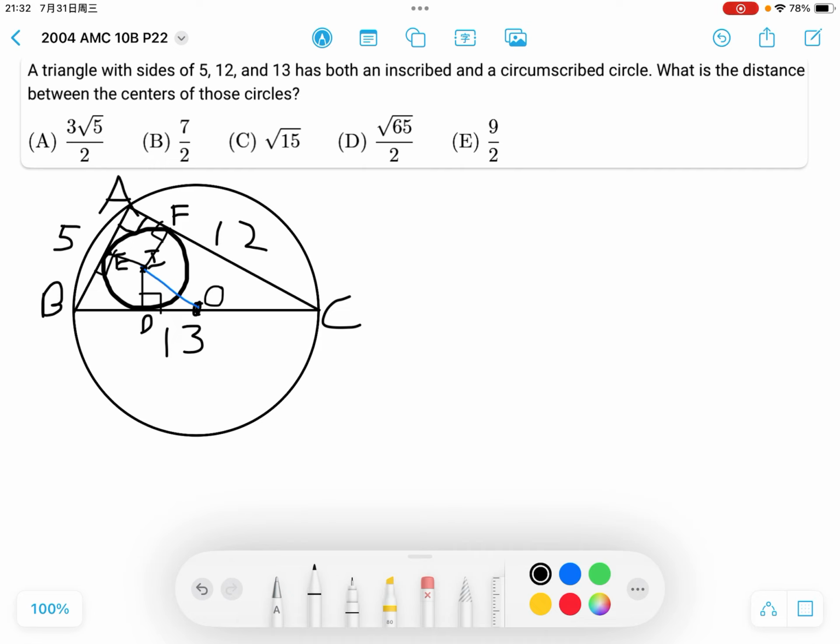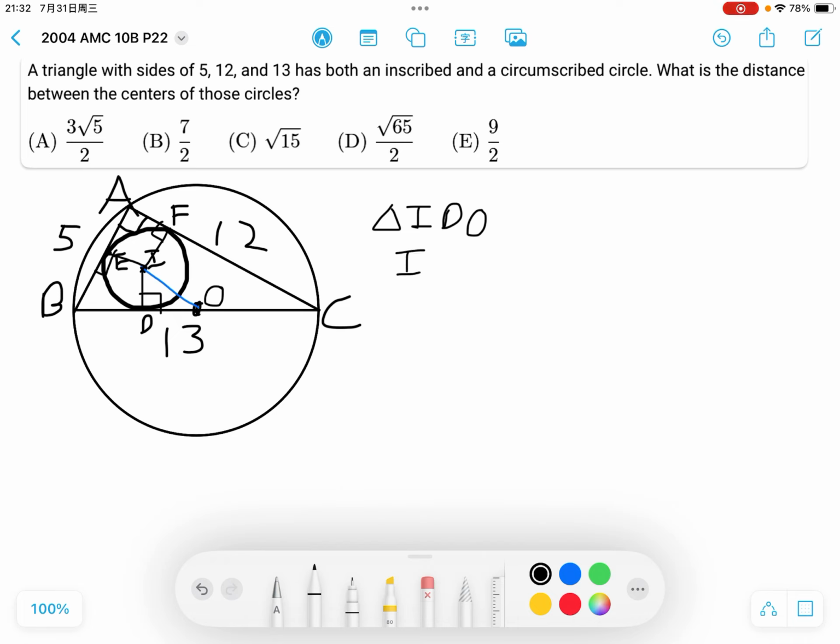So the center of the incircle is equidistant to the three sides of the triangle. We have triangle IDO, which is a right triangle. So if we figure out DO and ID, then we can figure out IO.